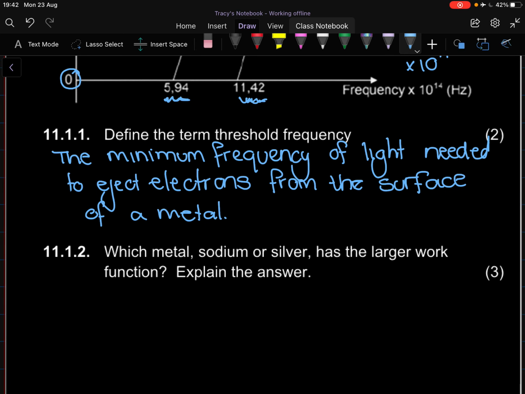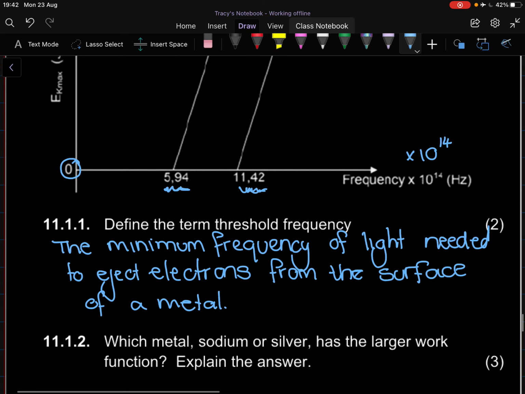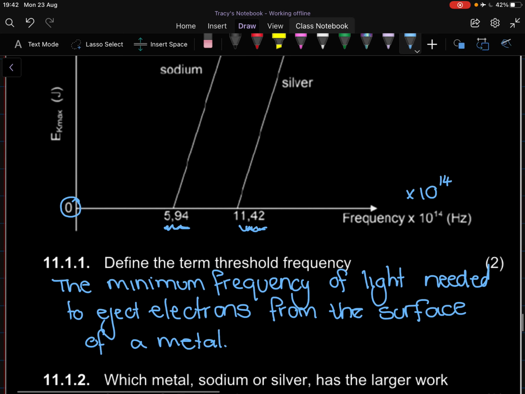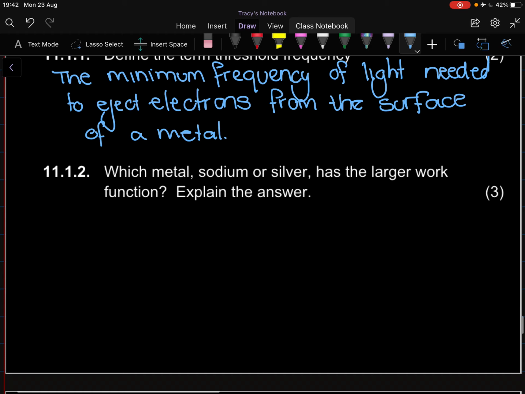Which metal, sodium or silver, has the larger work function? Well, work function is directly related to threshold frequency. So whichever one has the bigger threshold frequency has the greater work function. So if we look at this, silver has the biggest threshold, so it's going to be silver. Why? The threshold frequency of silver is bigger.